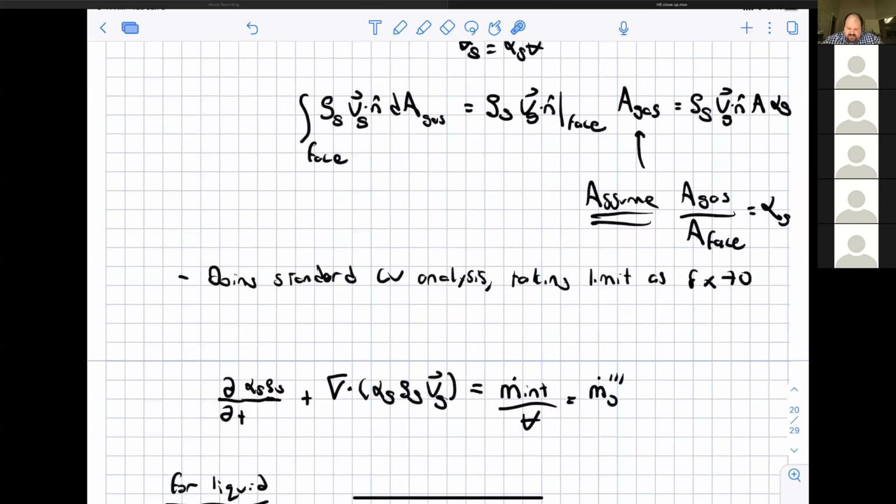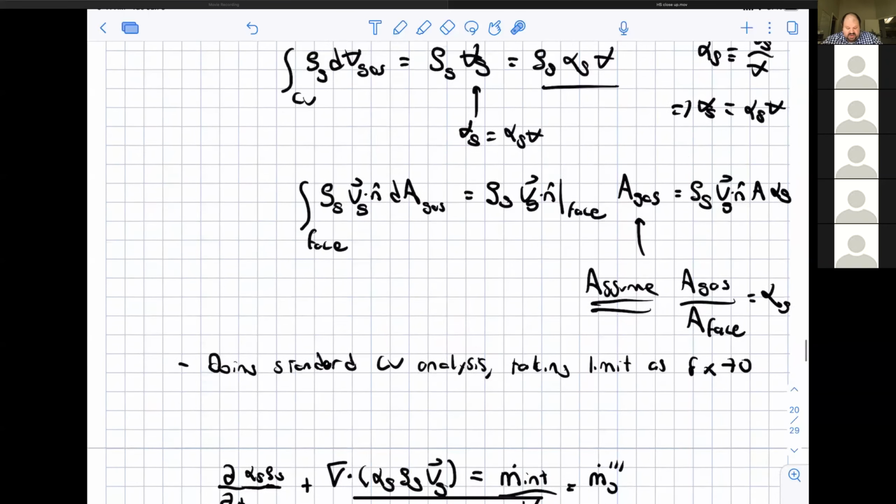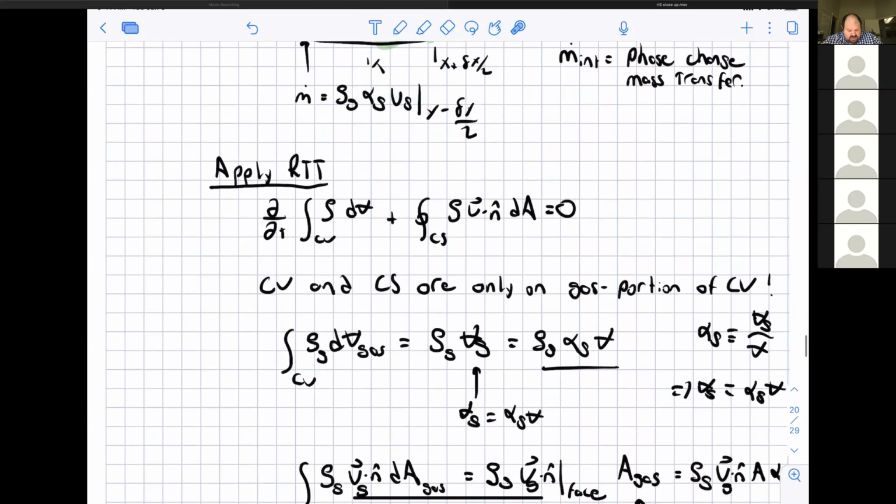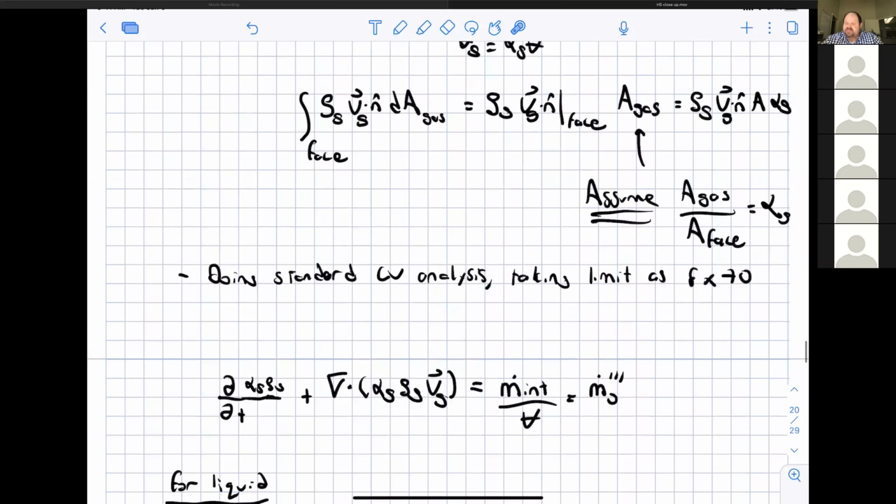Okay, now we have all these mass fluxes here. I basically wrote the answer right here, but you can also do a standard RTT for conservation of mass and get the same result. And so we do our standard type of analysis.